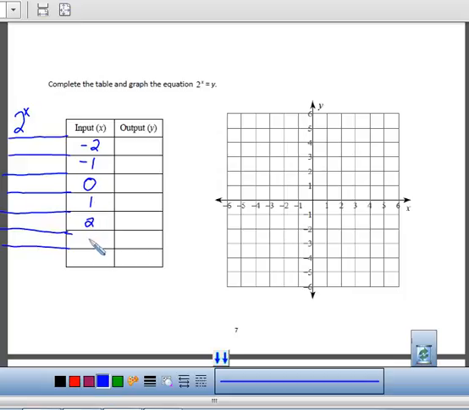I'm not sure if any of you know what 2 to the negative 2 power is, but it is actually 1/4 or 0.25. And we'll talk about that in math, especially if you don't understand it. Then we have 2 to the negative 1 power, that is 0.5 or 1/2. Then we have 2 to the 0 power. It is not 0, it is 1.